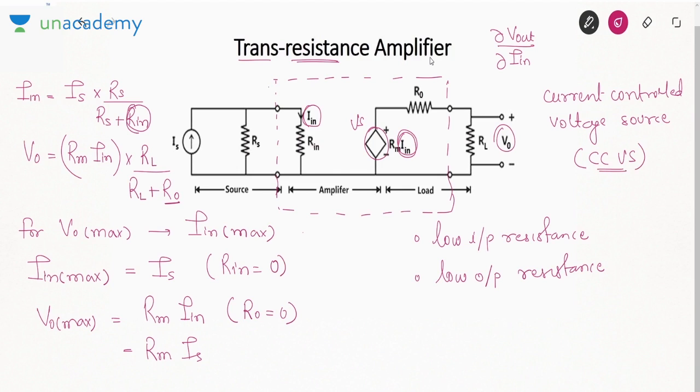So the nature of dependent sources that we studied in network is being given the name of different amplifiers in analog electronics, like voltage, current, transconductance and transresistance type of amplifier. And these were called the different types of sources when we were studying network analysis. Is it right?